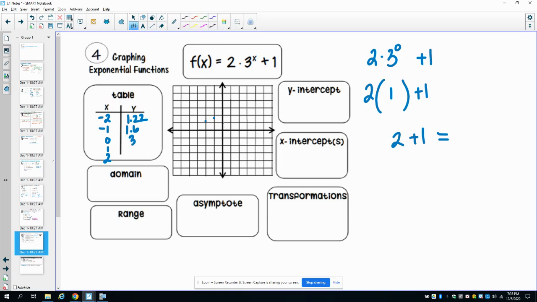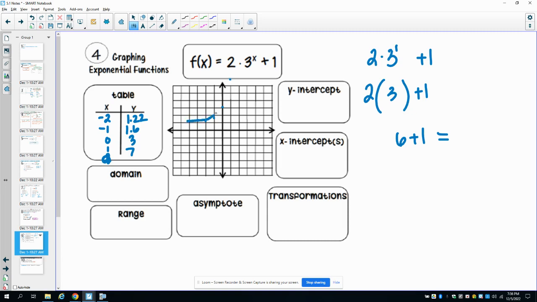So at 0, we'll be at 3. Then I can plug in 1. So 3 to the first is 3, 3 times 2 is 6, 6 plus 1 is 7. And that's going to be off my paper, so I'm just not going to plug in the 2. So at 1, we were at 1, 2, 3, 4, 5, 6, so just off the paper.